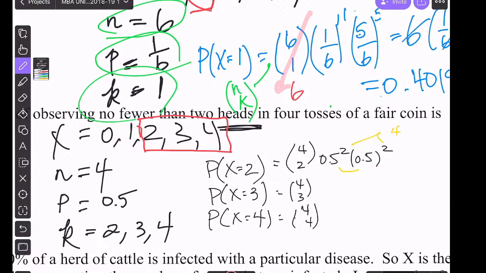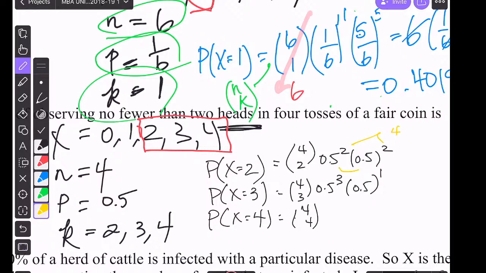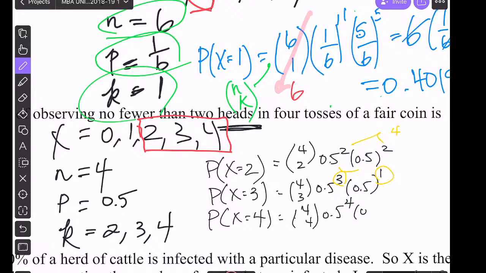And then 0.5 to the 3, and then 1 here, because again, these together must make 4. And then 4 successes, so all of them successes, that means no failures, and that's it. So we put those in.